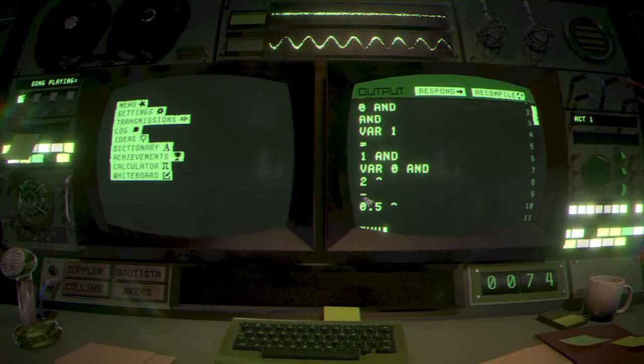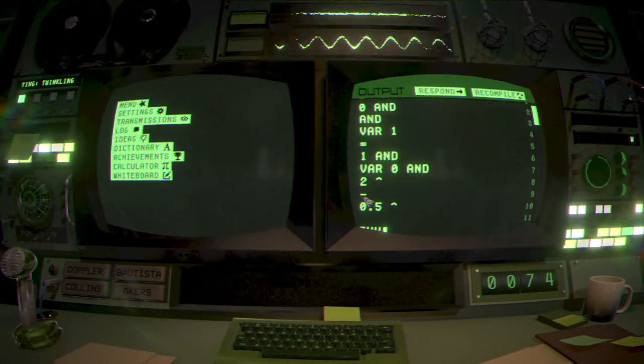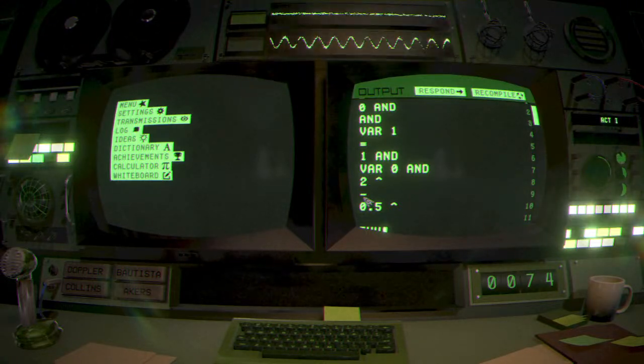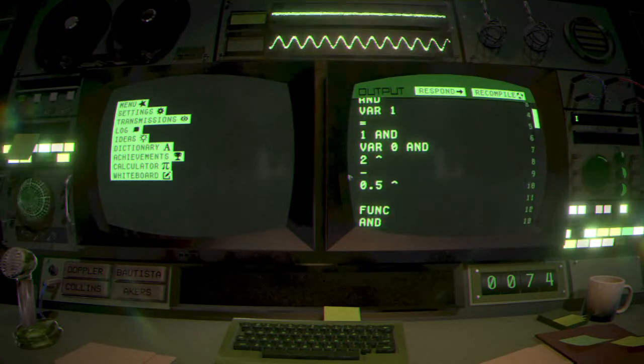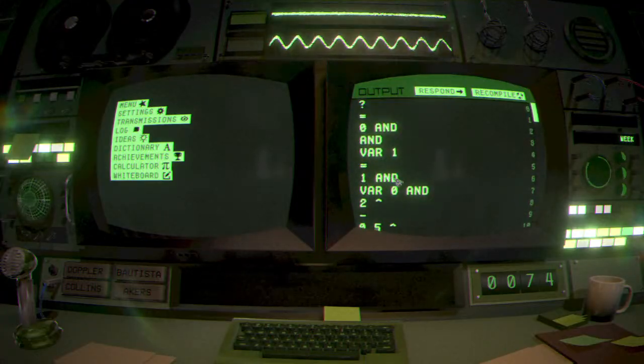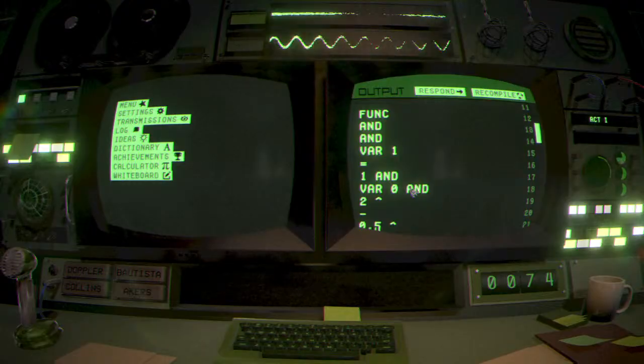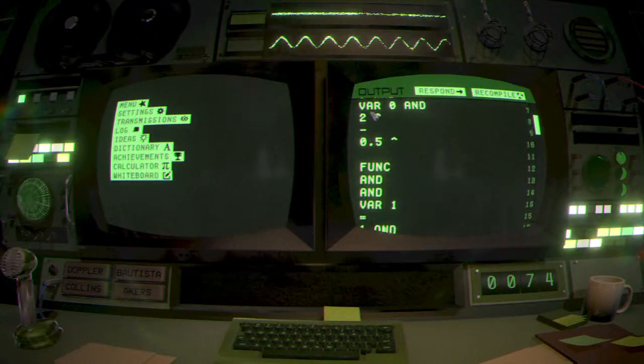I must have either done something weird with the formatting, or I am greatly confused. Anyway, let's keep going. So that's a function they're defining.